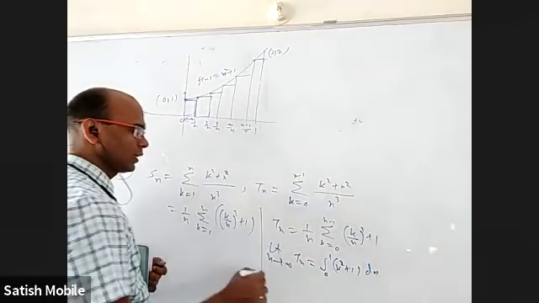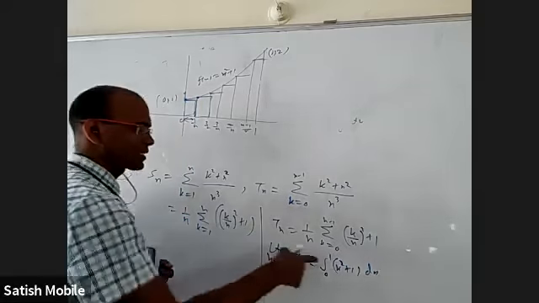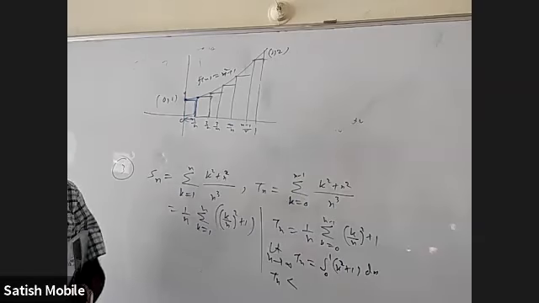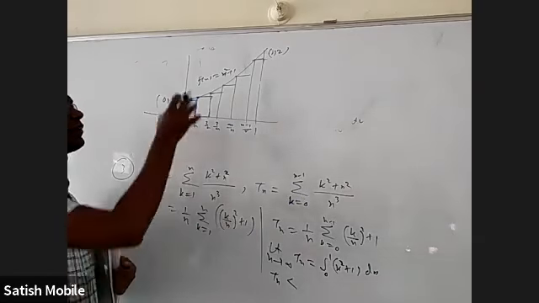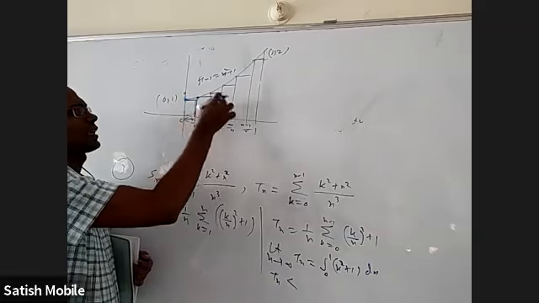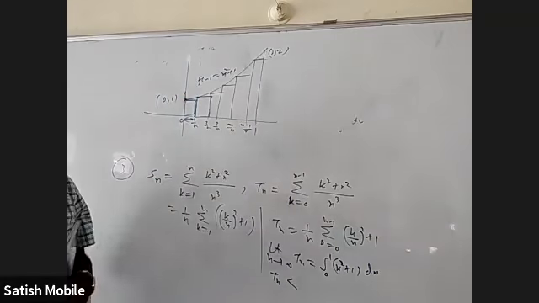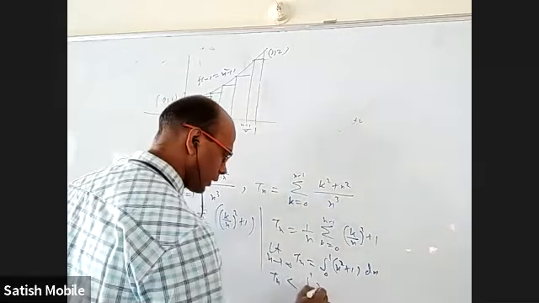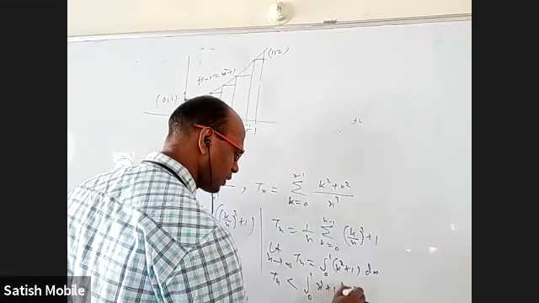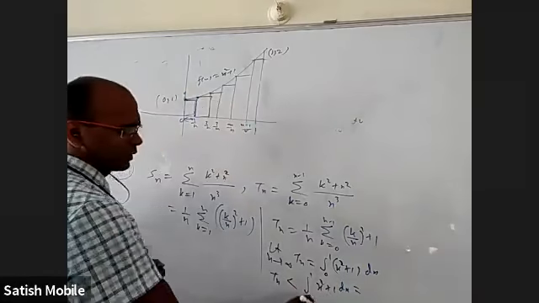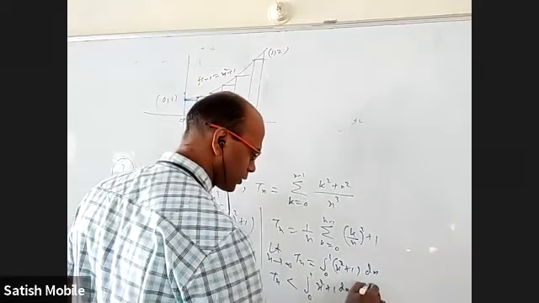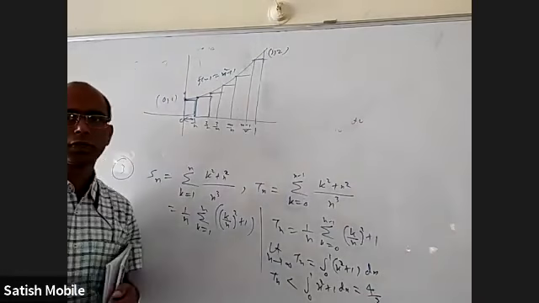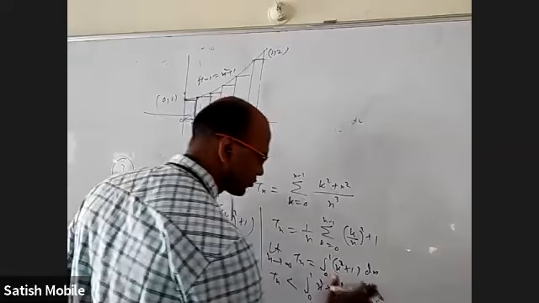But what is more important is Tn is less than that answer. It is tending to that, but every time your Tn, the sum of all these rectangles, is less than the actual area. So Tn is less than integral 0 to 1 of x square plus 1 dx. And what is the answer for this? X cube by 3, so 1 by 3 plus 1, which is 4 by 3. So Tn is less than 4 by 3.